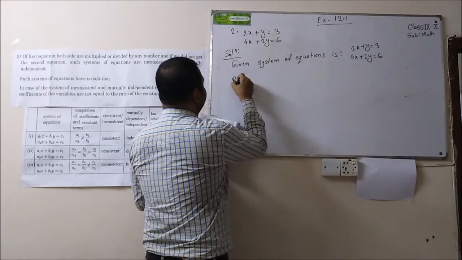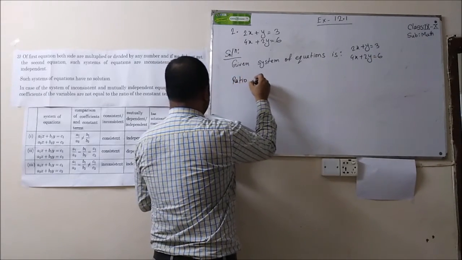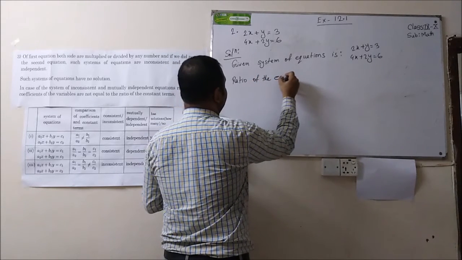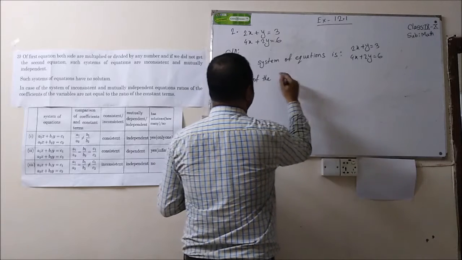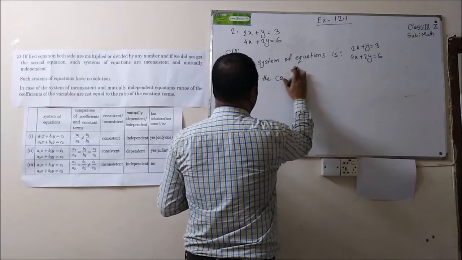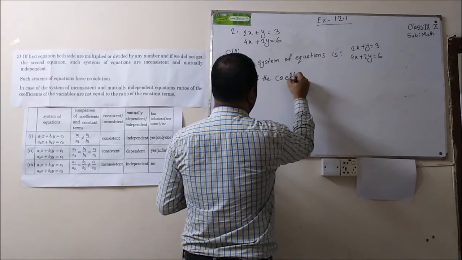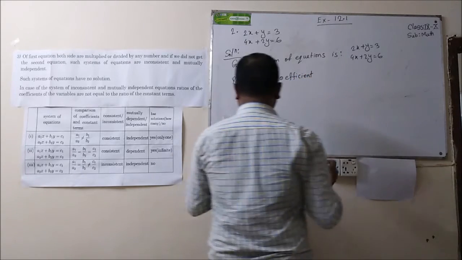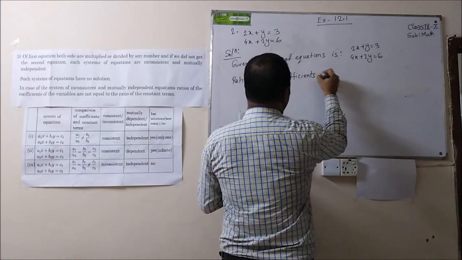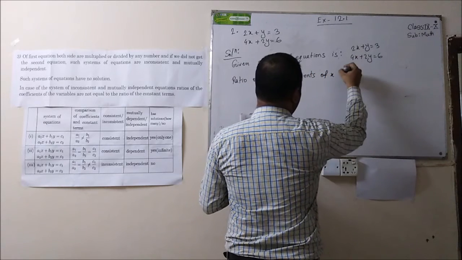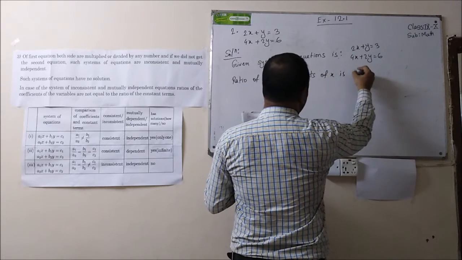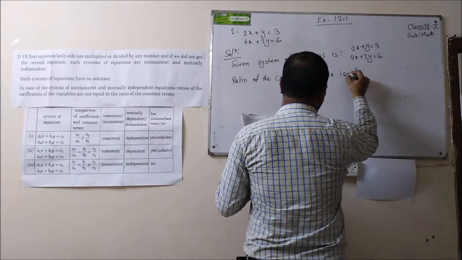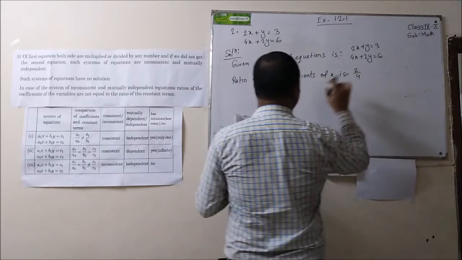So the ratio of the coefficients of x is 2 by 4, that is 2 by 4.